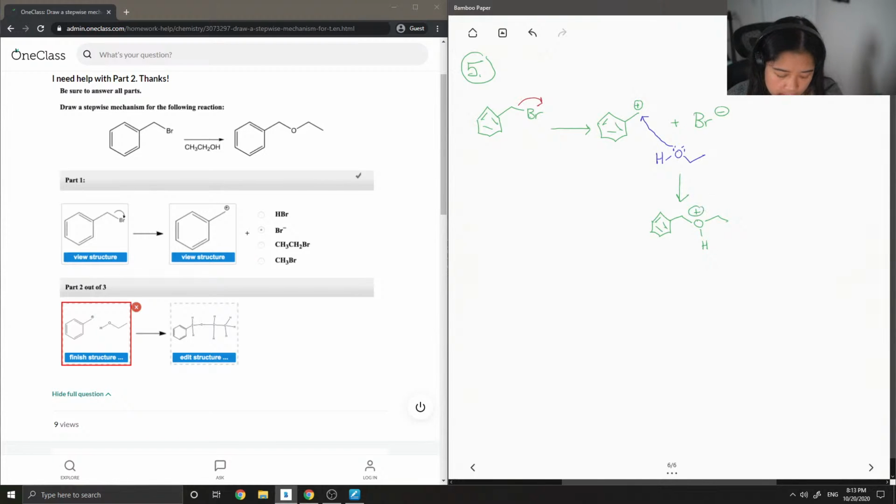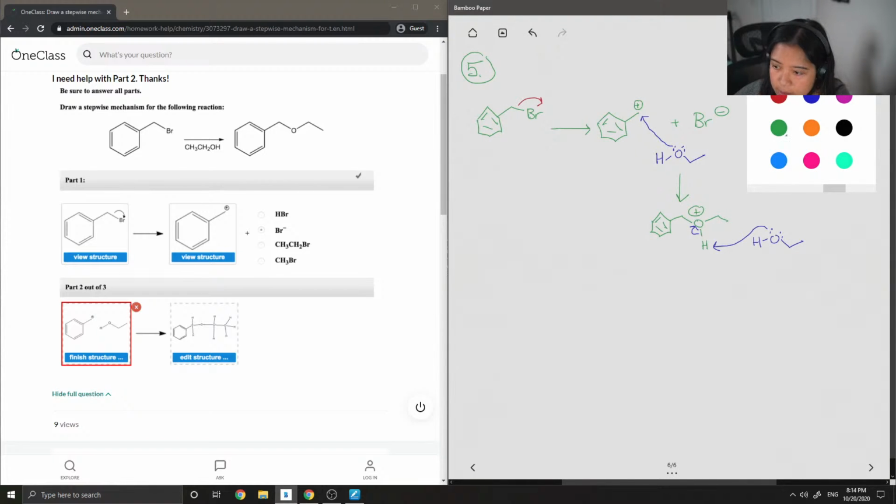Now this oxygen is positively charged. Basically, the same thing will happen again to try and relieve that positive charge. So another ethanol comes in. It'll deprotonate that, to neutralize your oxygen.